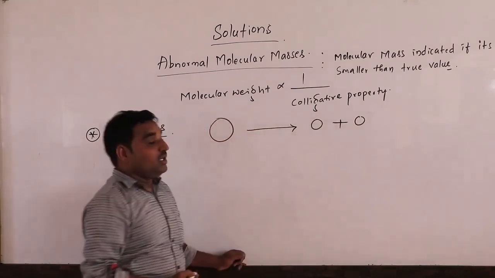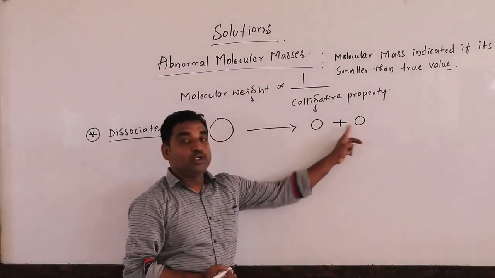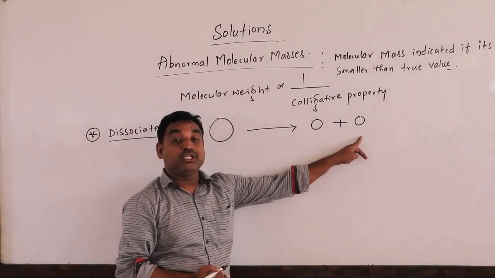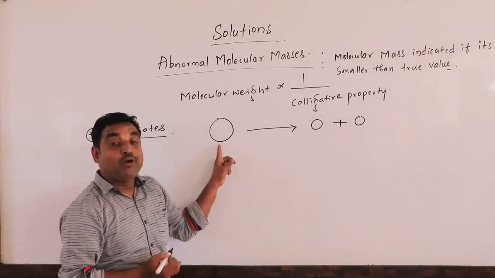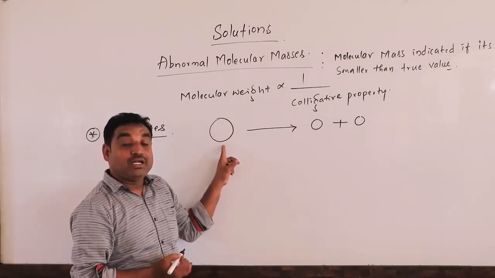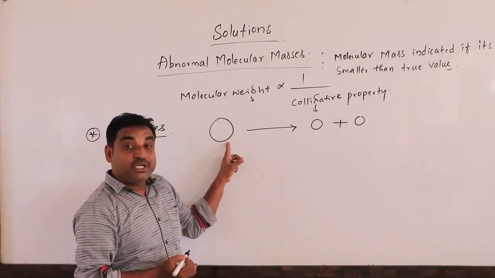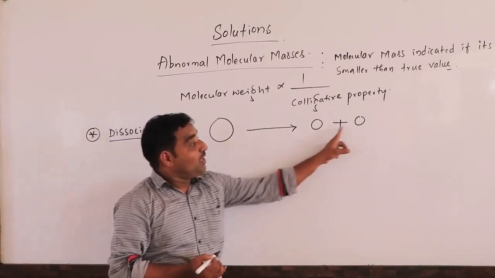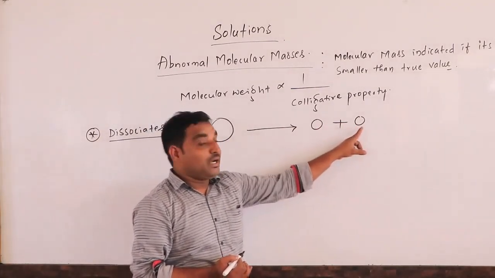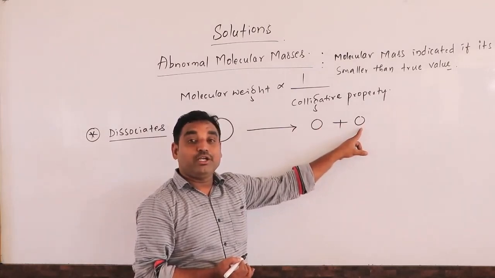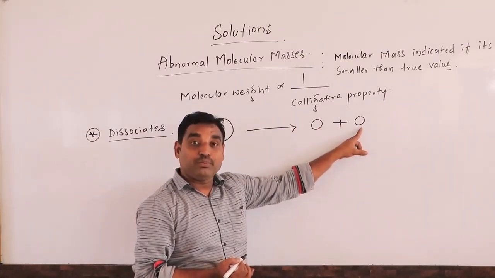The total number of solute particles after dissociation is more in solution than the added solute particles. We added one solute particle that dissociates in the solvent to form a greater number of solute particles.